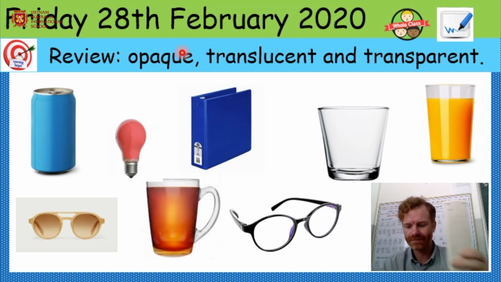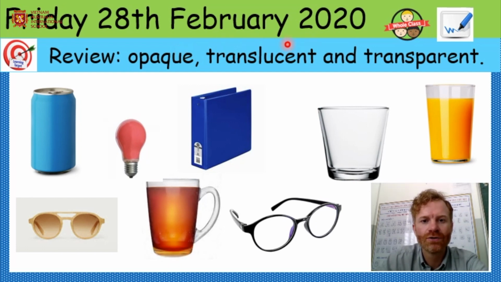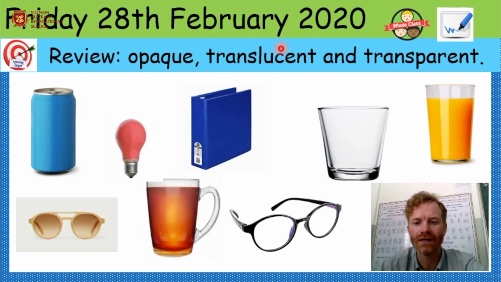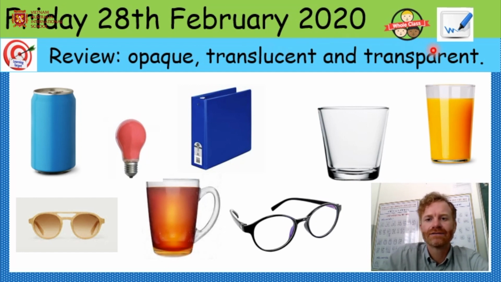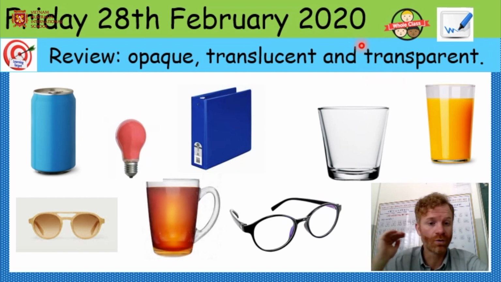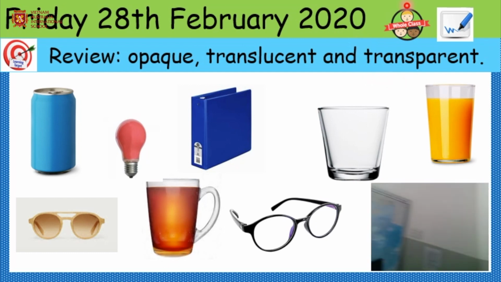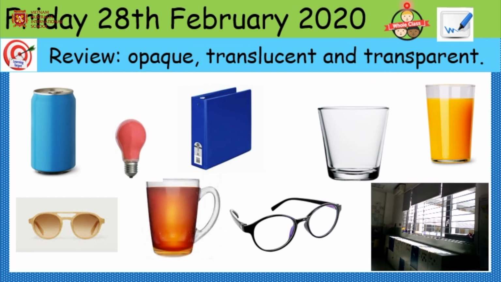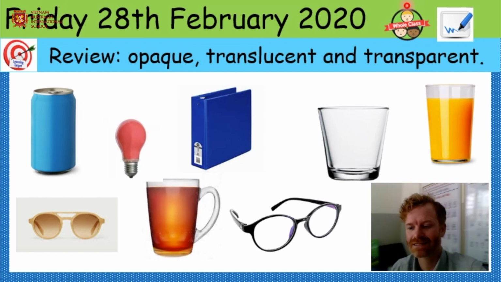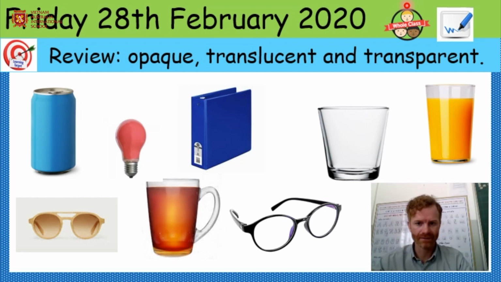So this remote is opaque. Translucent. Translucent means some of the light can pass through. Not all of it, just some of the light can pass through. And transparent means all of the light can pass through. So like we're looking at the windows, those windows, the glass is transparent.